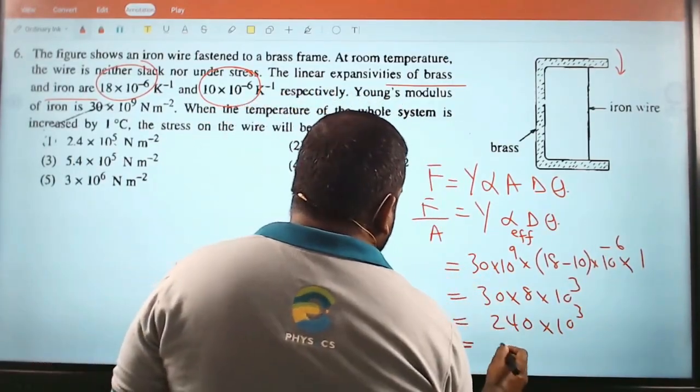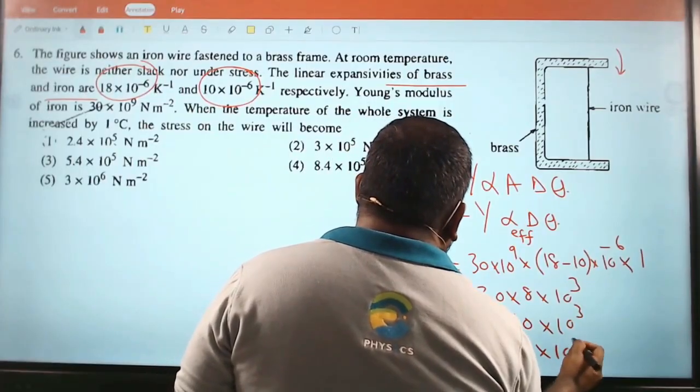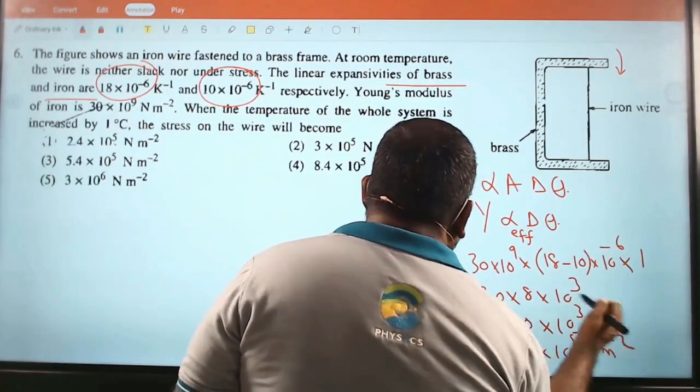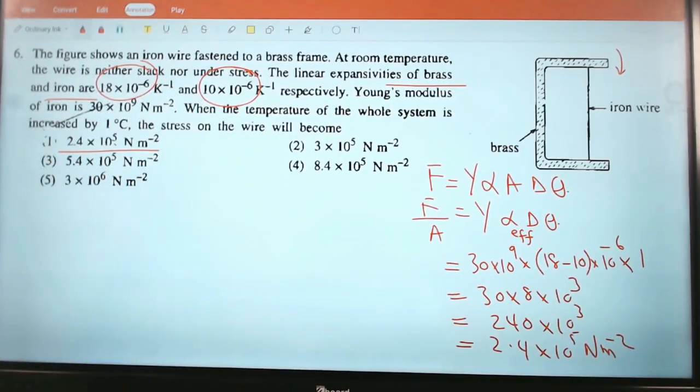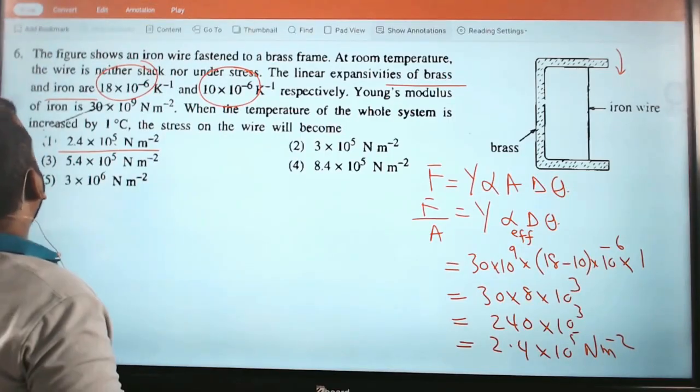Simplify this: 2.4 × 10^5 newton per meter square. There you go. Right. So for the 6th one, the correct answer is 1.